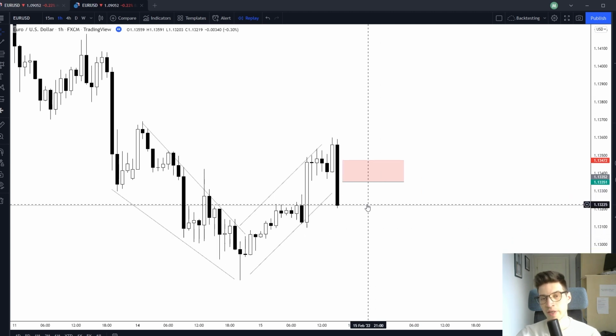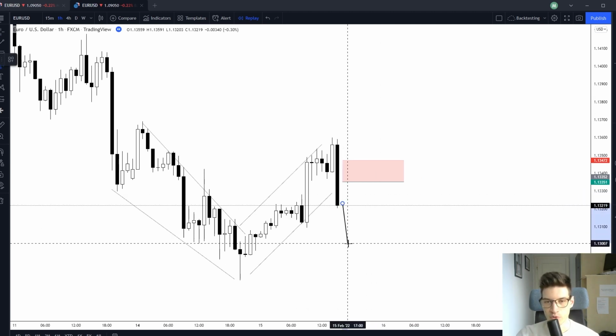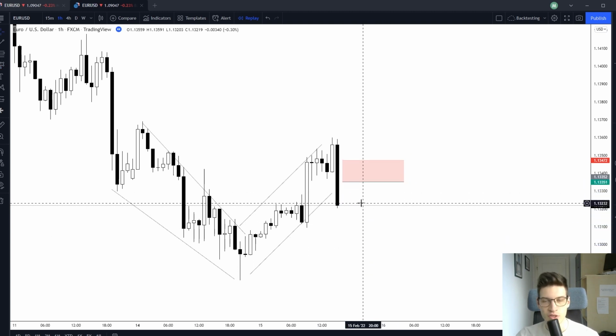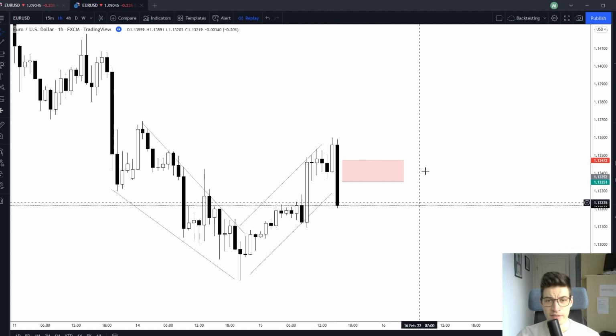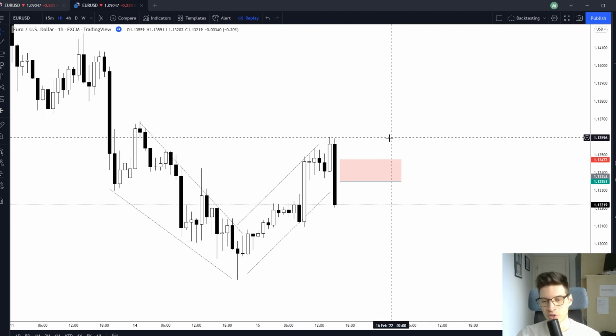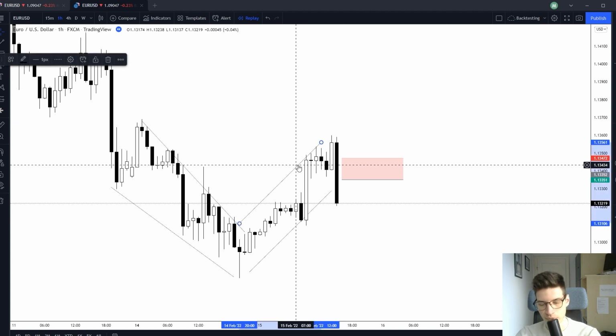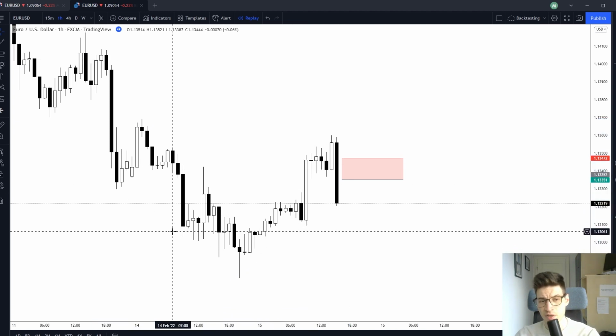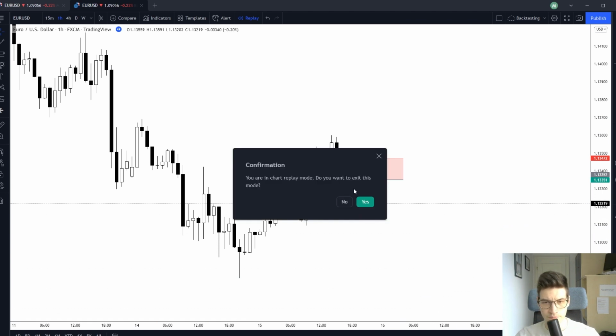So what I should have done, according to my plan, I should have waited for another push down and then look for a short trade. So unfortunately this trade didn't fit my plan, but I still took it because I was too quick and I didn't check my plan. So that is what happened here, and this was the only trade on EU.